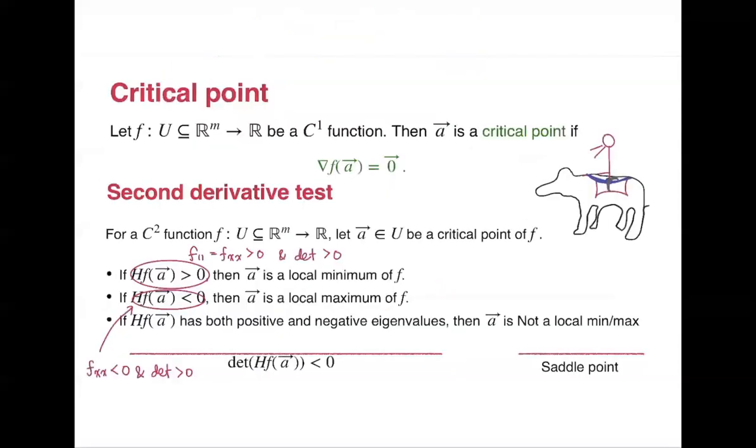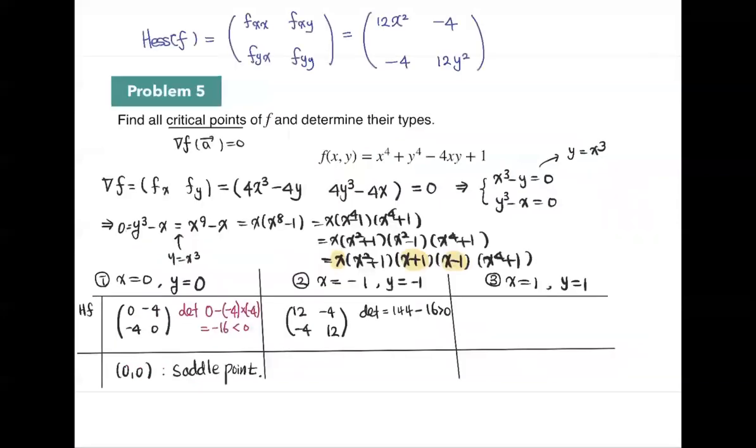Then fxx is positive and the determinant is positive, so it is a minimum. At minus 1 comma minus 1, it has a local minimum.